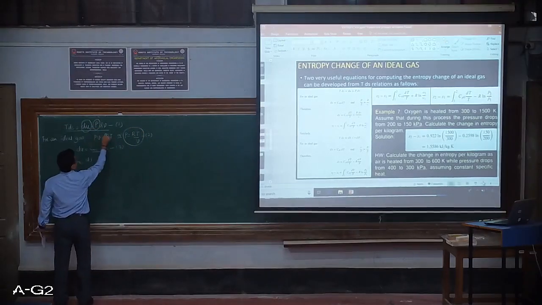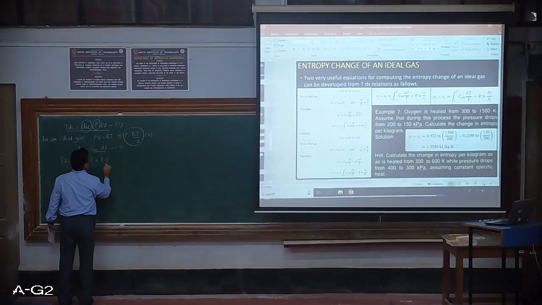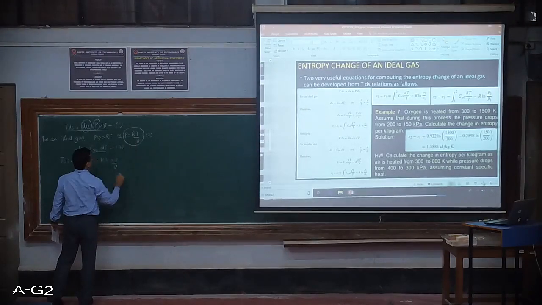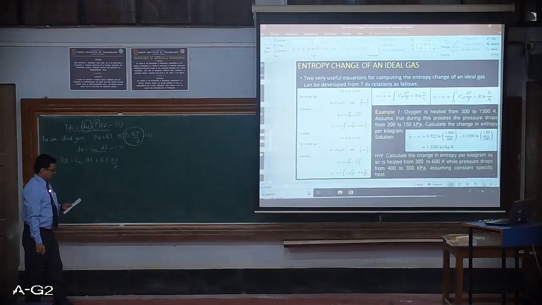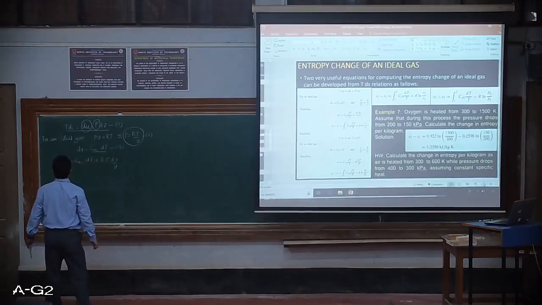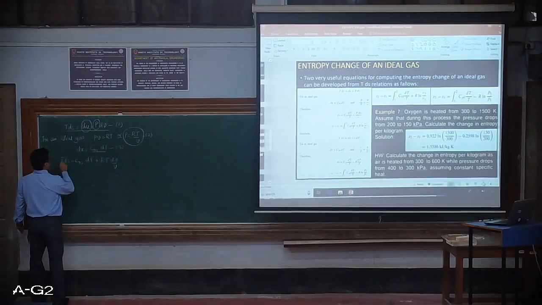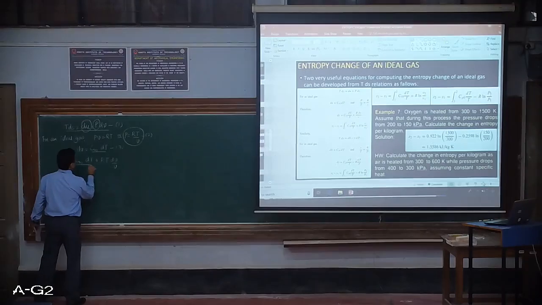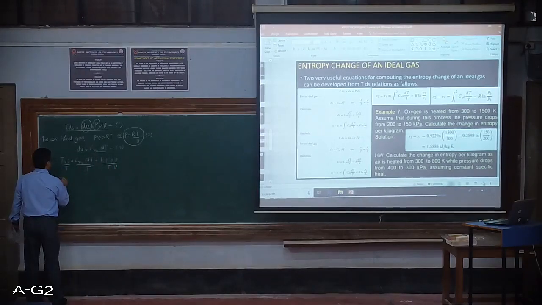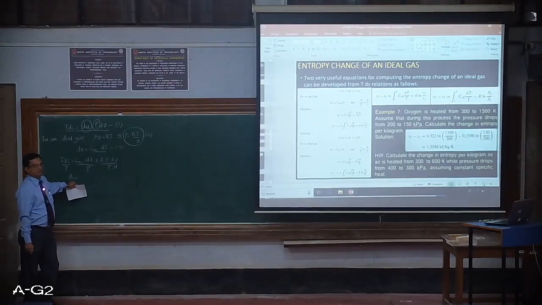So P is equal to RT, dv by v. I have just rearranged and then I have written it. Now dividing both sides by T, that is temperature. So here I'll be getting T, this is T, and this overall is T. Therefore here I'll be writing only ds, which is the required equation.